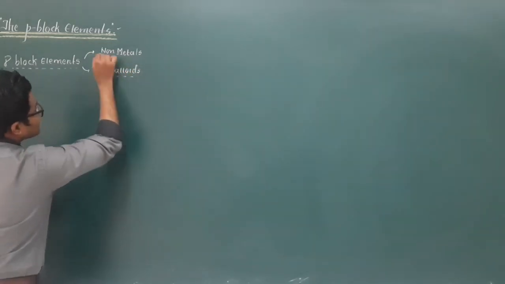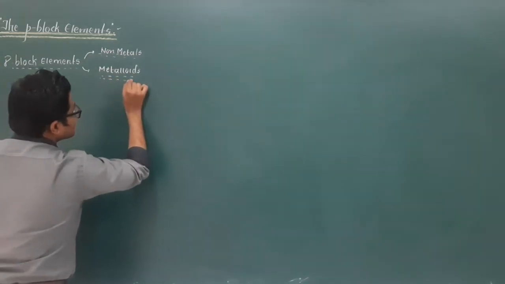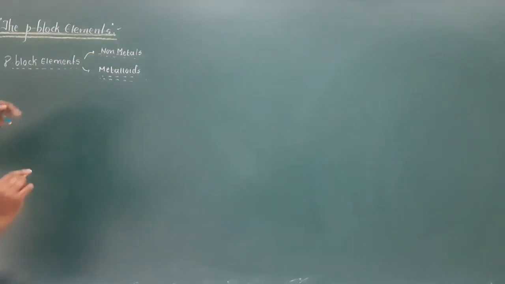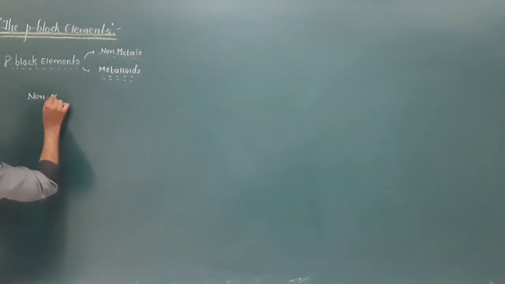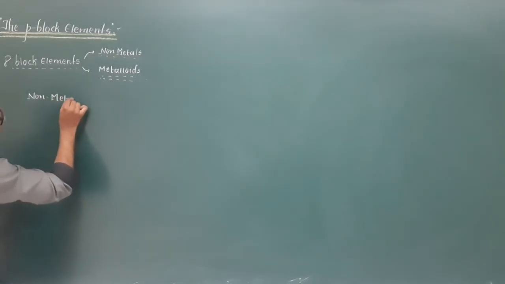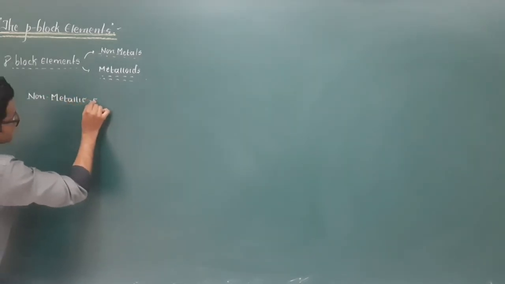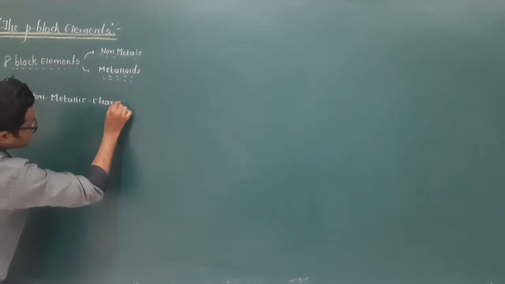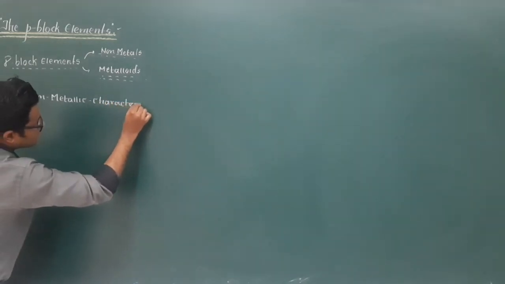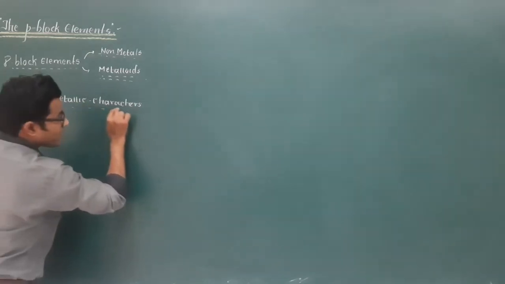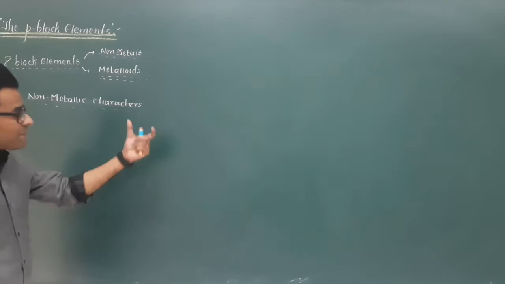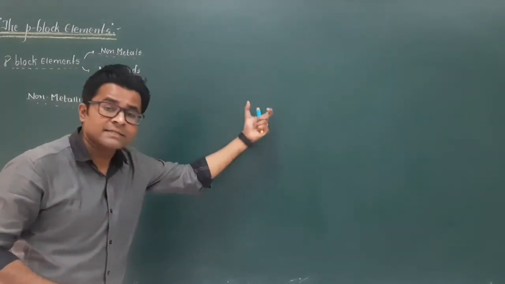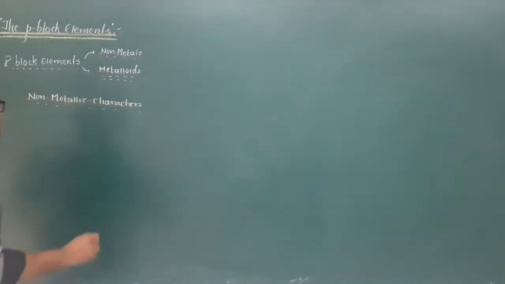Okay, so there are non-metals as well as the metalloids. Now, when we observe the non-metals, these non-metallic characters are perfect with respect to the lighter elements. Now, lighter elements, in a sense, means the first element of that particular group.